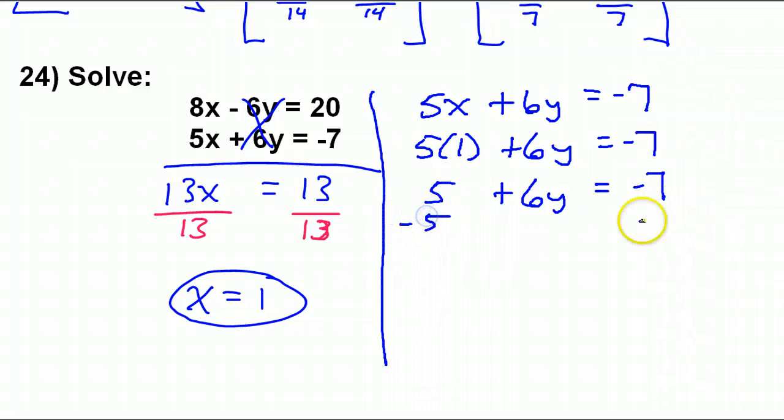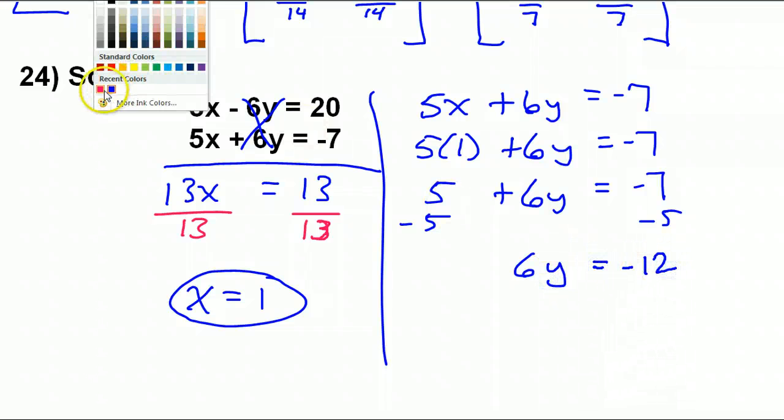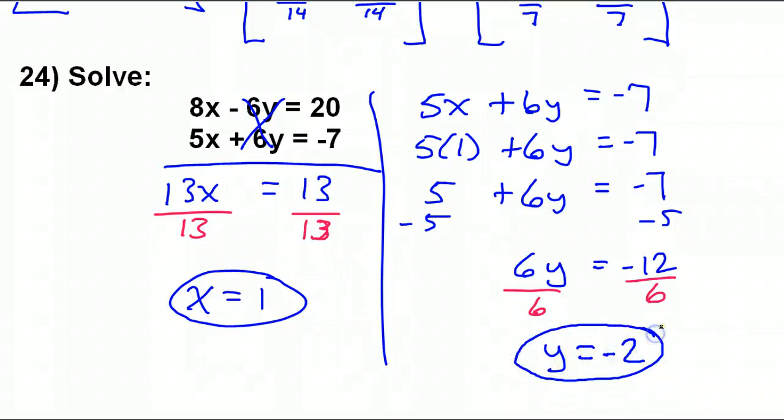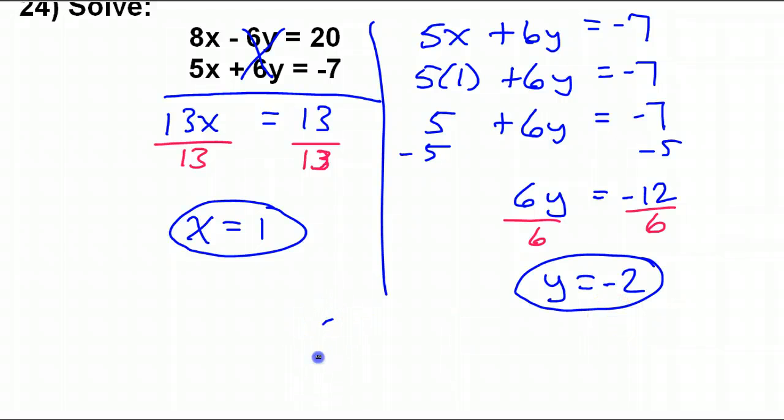Subtracting 5 from both sides, that'll give me 6y is equal to negative 12. And then I'm just going to divide both sides by 6. So that'll give me y equals negative 2. Or I could write this as an ordered pair and put 1 comma negative 2.